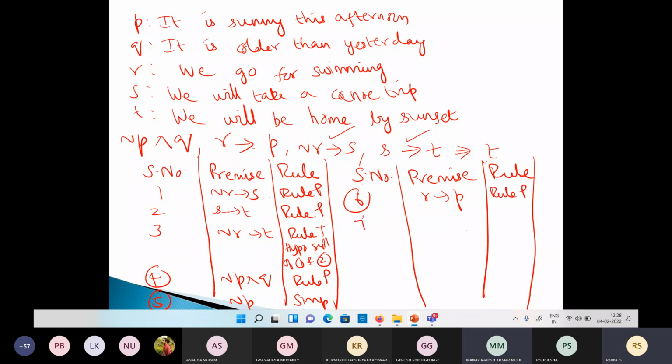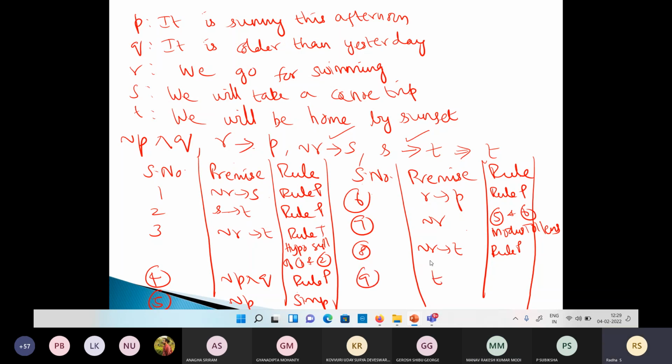So R tends to P or not R. Modus tollens, 5 and 6. And then we have T. Then we have not R tends to T. Combine these two things, you'll get T.